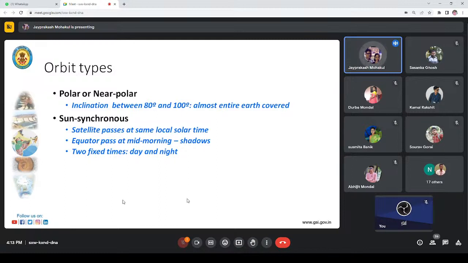So satellites can be polar or near polar. Normally, remote sensing satellites are near polar. It's not exactly polar, right? Different satellites have different inclinations. It makes an inclination of around 10 degree with the axis of the Earth, right?